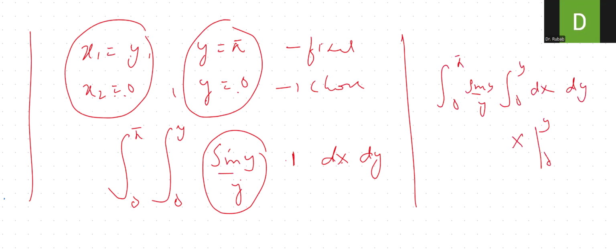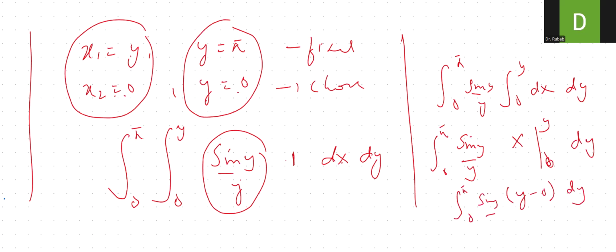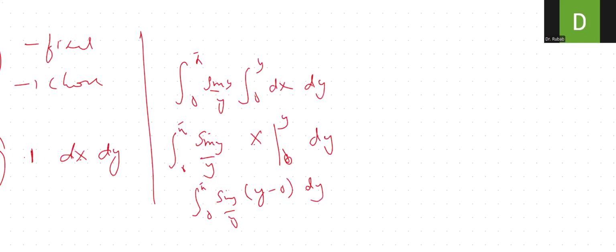Sine y over y, 0 to pi dy. We apply the limit. It becomes y minus 0. So 0 to pi sine y over y into y dy.